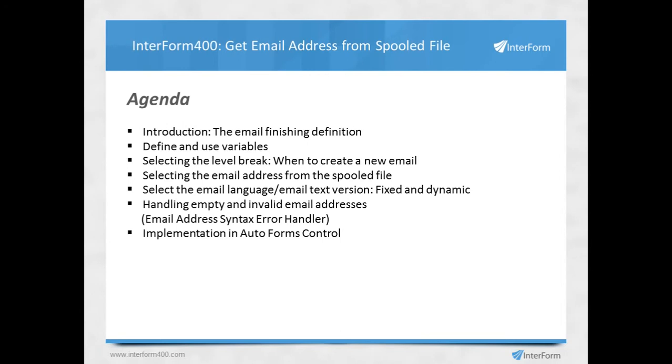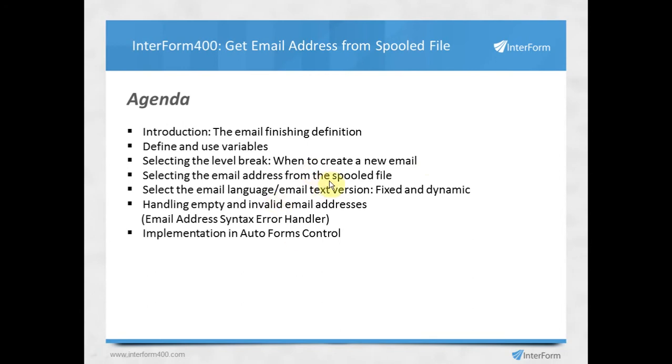We are able to break up a spool file into parts and email the individual parts while merging them into an attached PDF file. And for breaking up the spool file, we would need some way of identifying when we are going to create a new email.